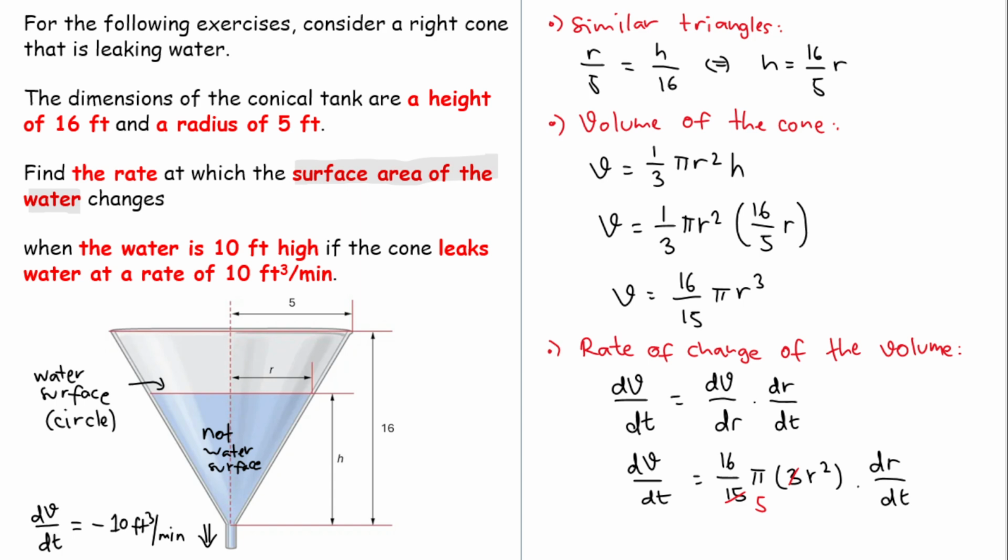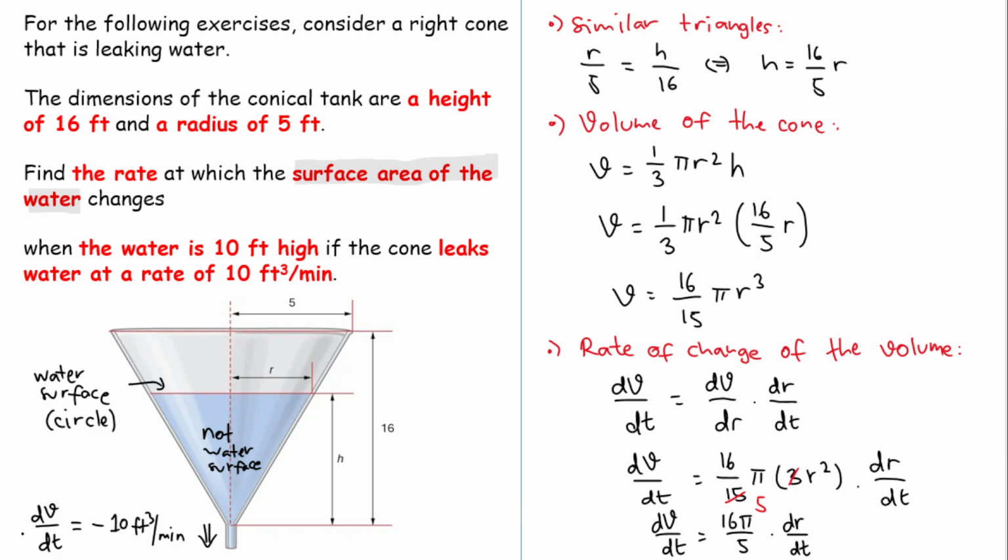And so we will have dV/dt equal to, I think, 16 pi over 5 and then multiplied by dr/dt. And what I want is to isolate dr/dt.